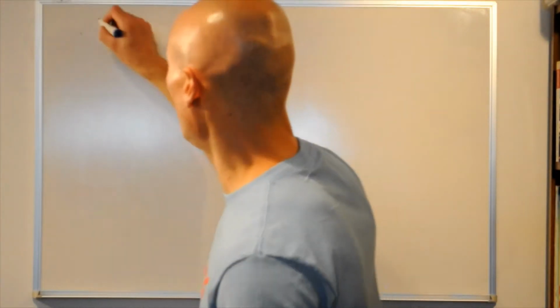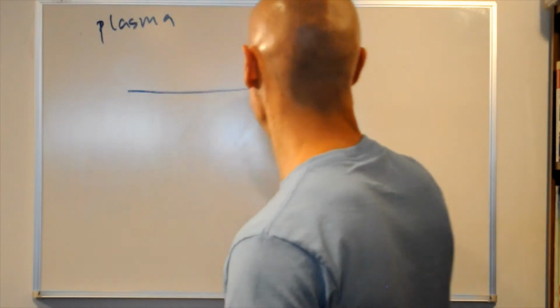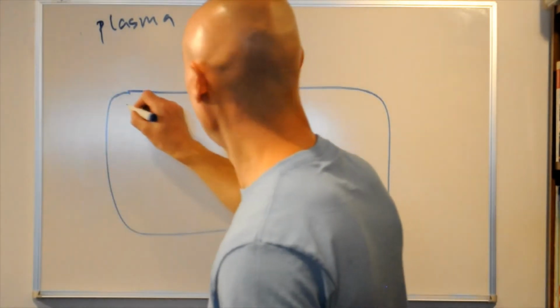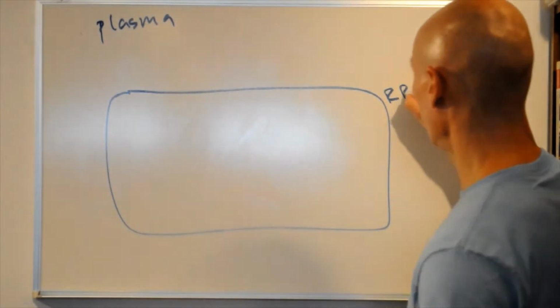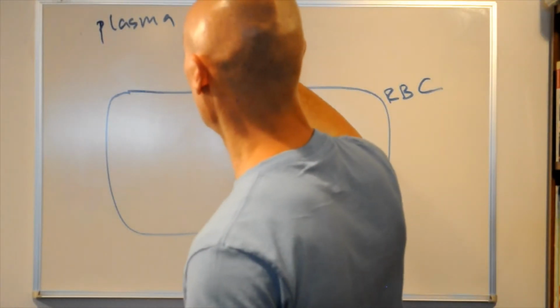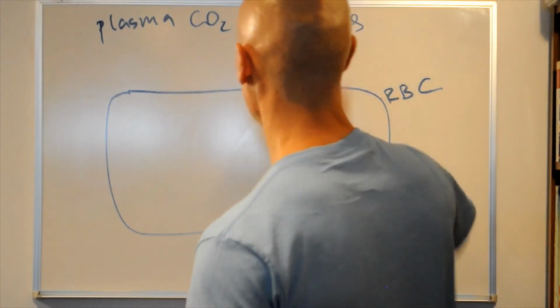CO2 transport. There are three main ways. So first, let's say this is plasma, and this is a pretty big red blood cell. In the plasma, CO2 dissolves in plasma.